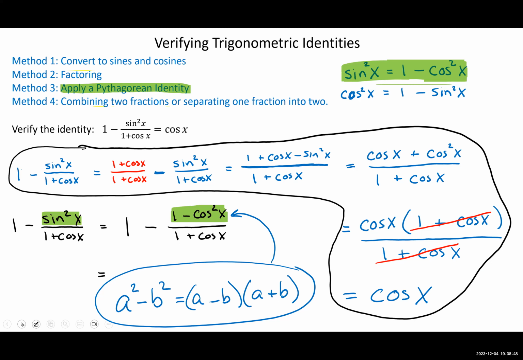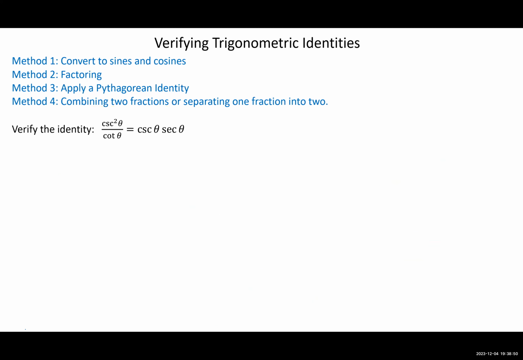All right, I think there might be one more. Yeah. We've got cosecant squared theta divided by cotangent theta is equal to cosecant times secant. I'm going to start with the left. I think the left looks a little more complicated than the right.